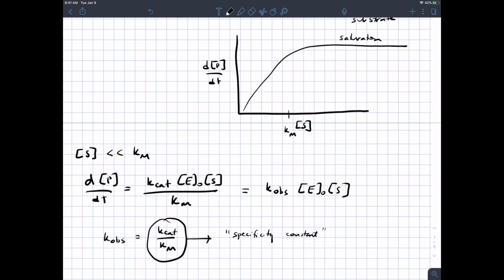So you've got both the turnover and the enzyme binding to deal with when you change the substrate of an enzyme, and you can get both of those things in your comparison by looking at these kcat over Km values.